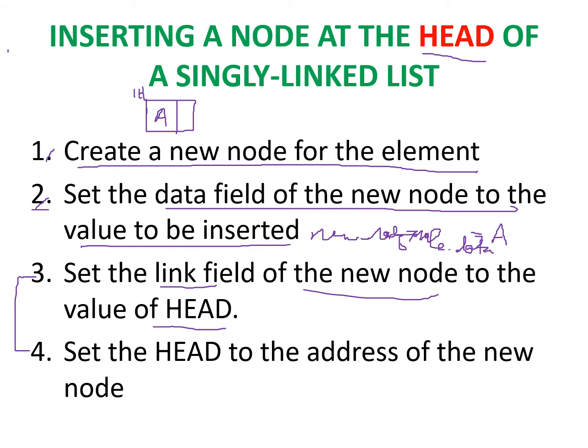So head is equal to null. We're going to assign the value of the head, so null, to the link field of the new node. So this becomes null.